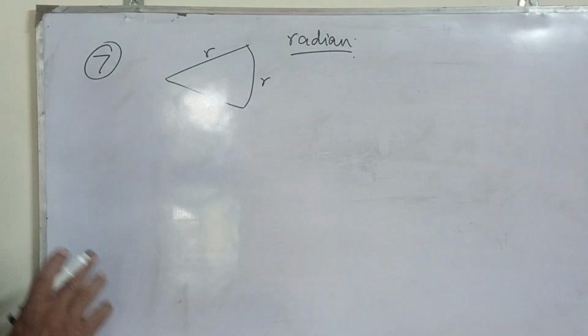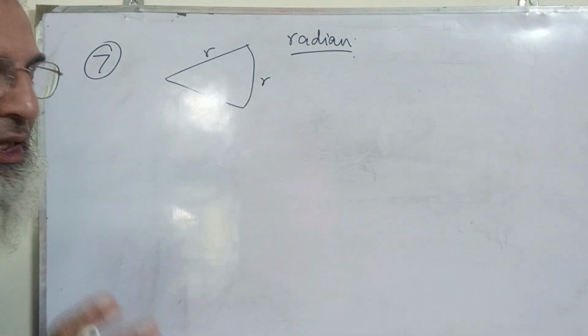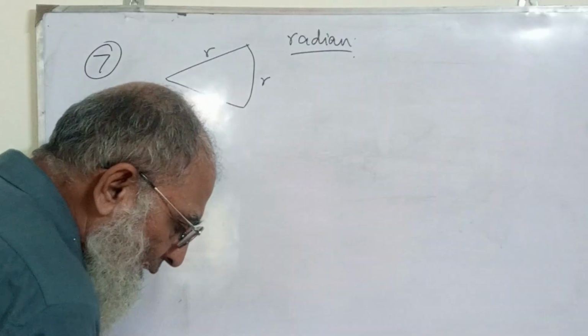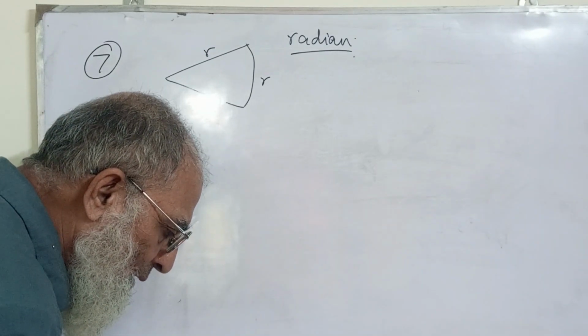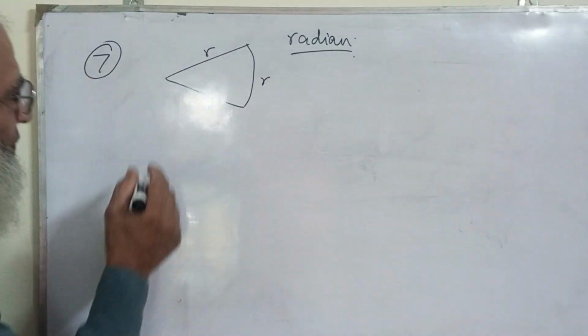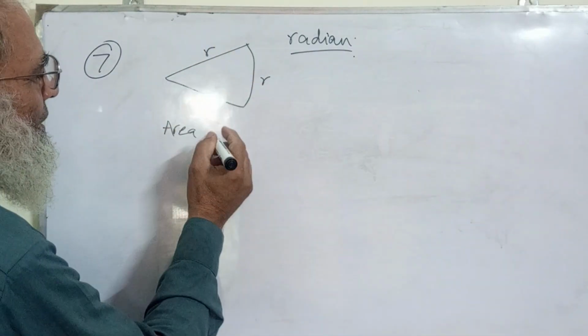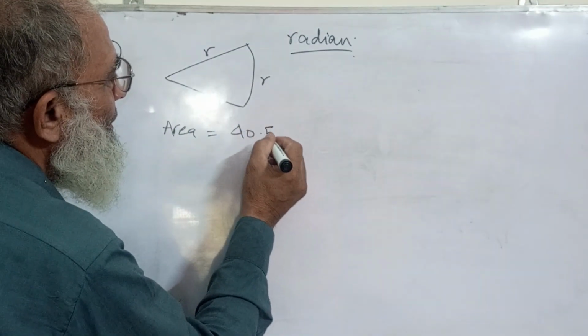I'll tell you later on, but I'll solve it in the conventional method. The radius of the cake is equal to the arc length, and the area of this sector is equal to 40.5 centimeters square.